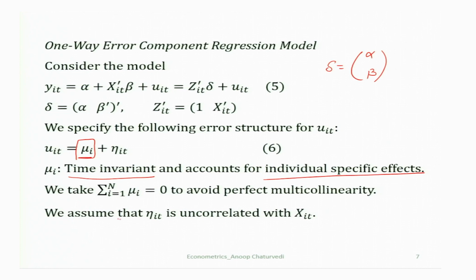Then we also assume that eta_it is uncorrelated with x_it. So, all these explanatory variables are uncorrelated with eta_it, but so far we have not taken any assumption about the correlation between x_it's and mu_i.